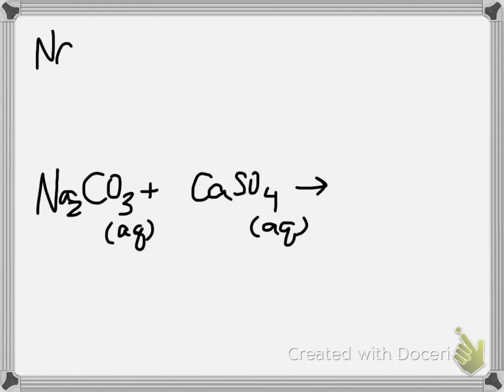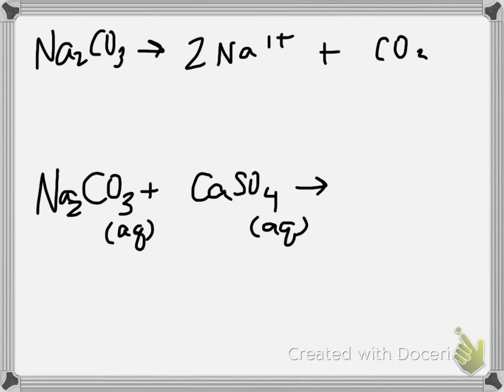What does sodium carbonate dissociate into? How many moles of sodium ions? 2. So we get 2 moles of sodium 1+. We get 1 mole of carbonate 2- ions. These would all be in aqueous solution.